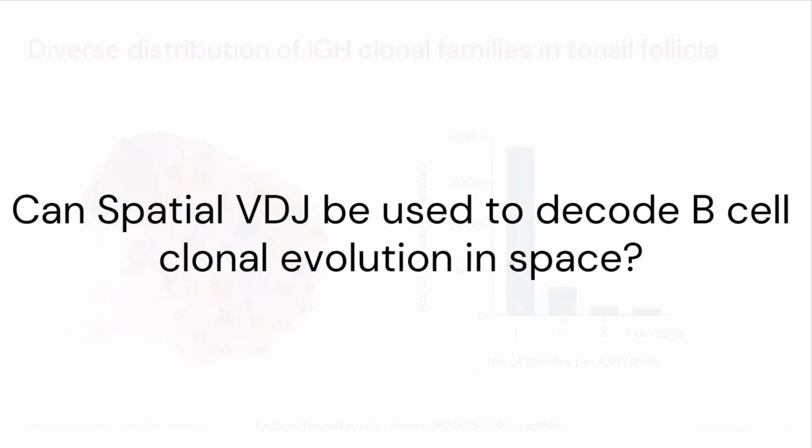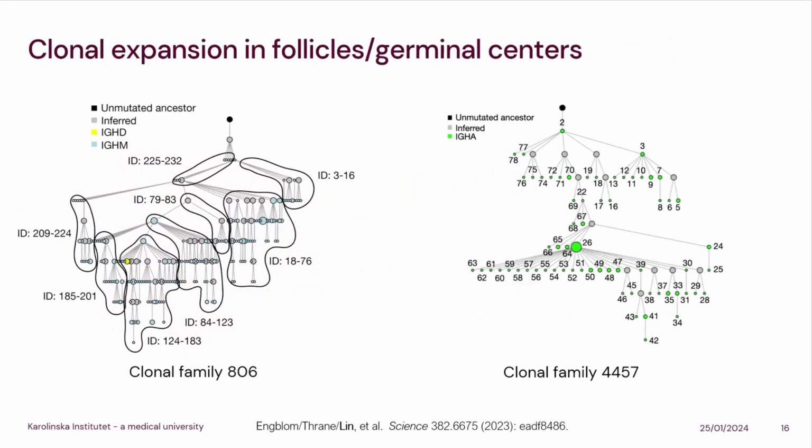Out of all the clonal families, I just want to pick 2 of our favorite ones. One is the IgHM clone family, which has very extensive hypermutation and forms a very complicated lineage tree with different branches and different subtrees inside of it.